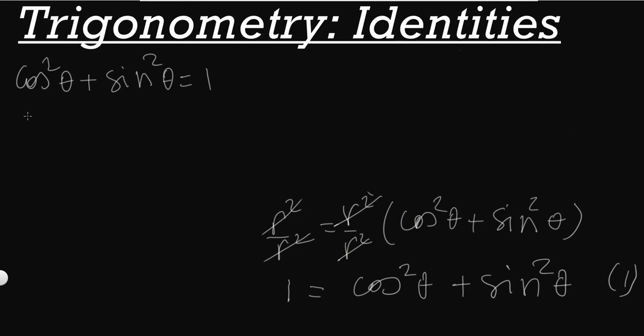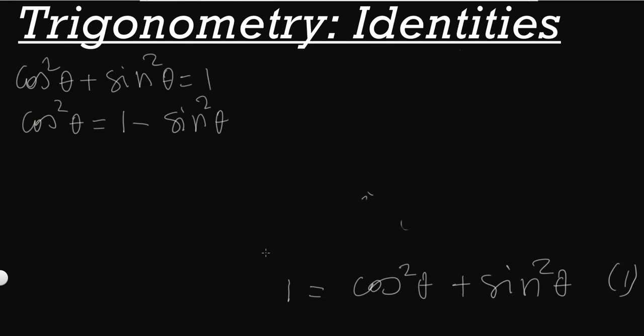For example, cos squared theta equals 1 minus sine squared theta. Very important. Or sine squared theta equal to 1 minus cos squared theta. So if you transpose sine or cos on another side.